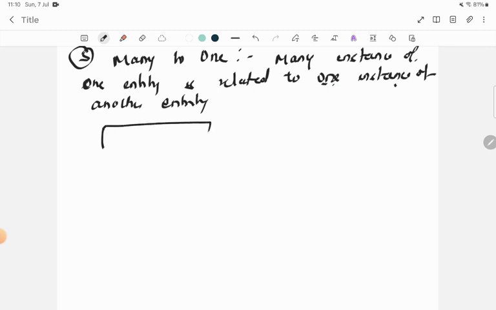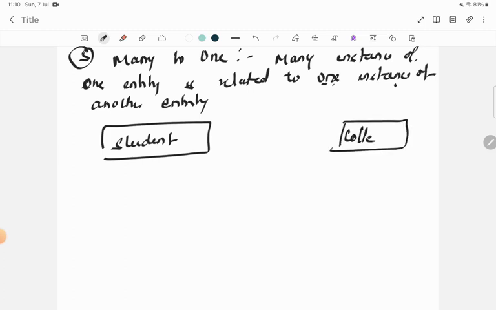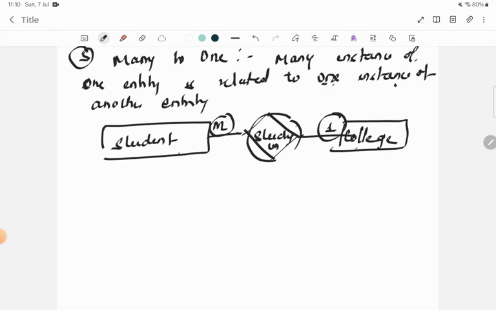For example, if we have a student and a college, the relationship is study in. So many students can study in one college. So this is entity, this is entity, this is the relationship, and this is the cardinality of a relationship.